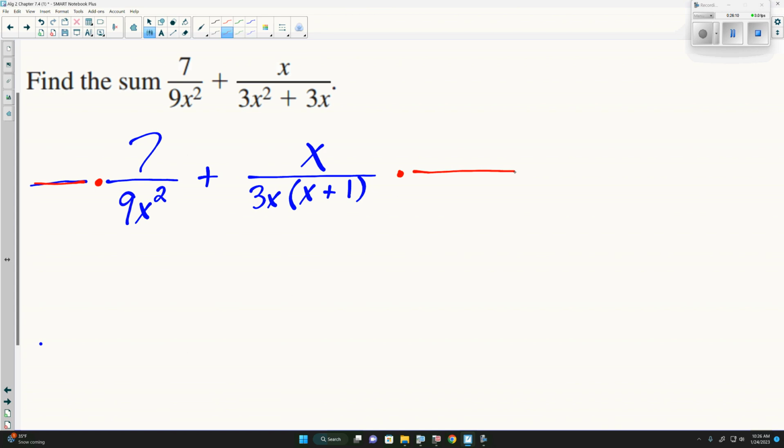Now for us to be able to add or subtract, we need the denominators to be the same, yes? And this here, I think, is a little bit easier than actually finding the least common multiple, because we're looking mainly at the denominators.